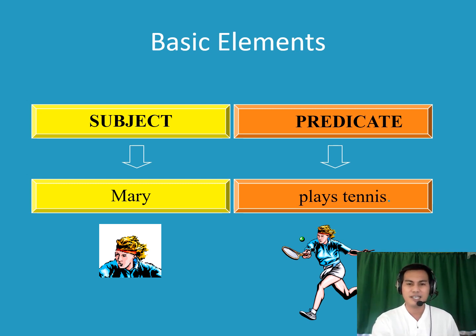As you can see, the predicate is headed by the verb plays. Who plays tennis? Who are we talking about in the sentence? It's Mary. Therefore, that makes Mary our subject. And what does Mary do? Mary plays tennis. So plays tennis is the whole predicate.